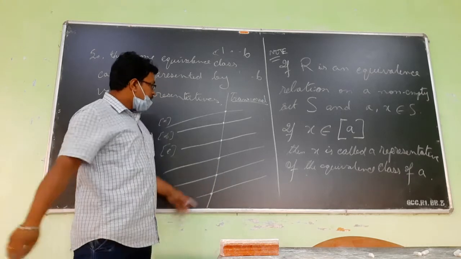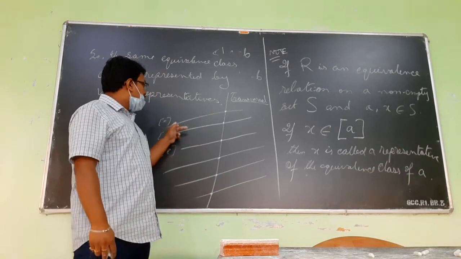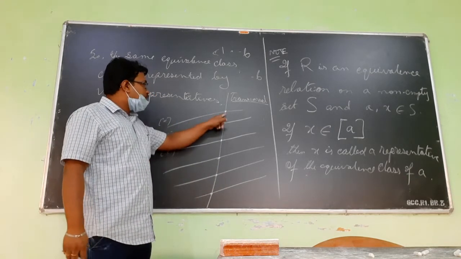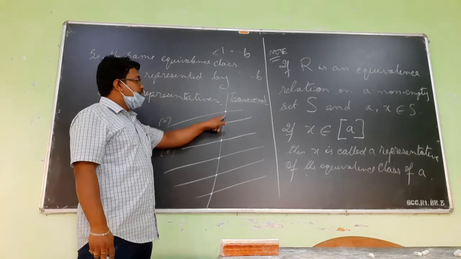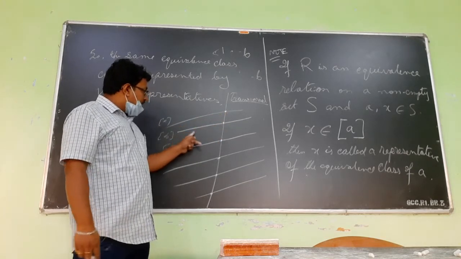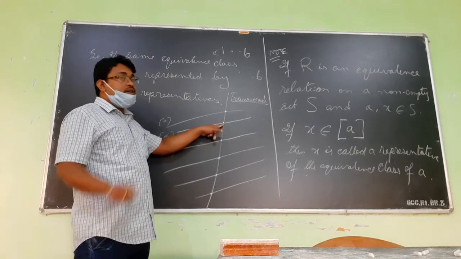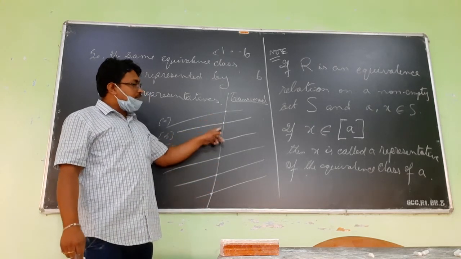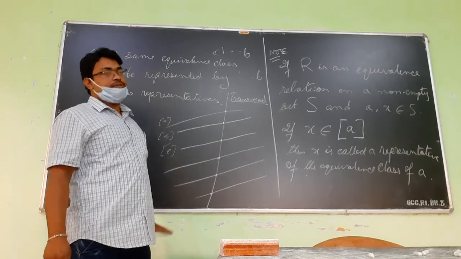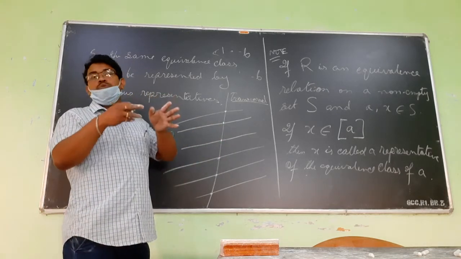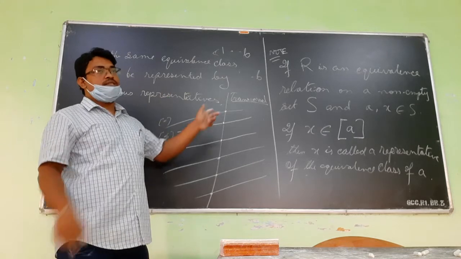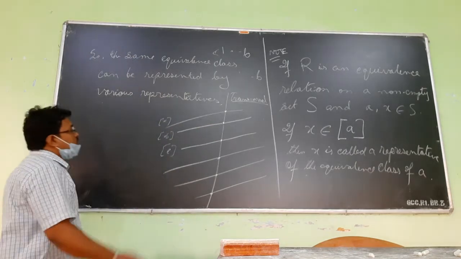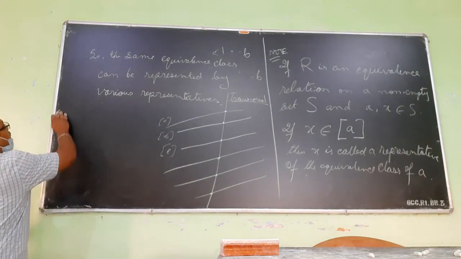For each equivalence class, we select exactly one representative, so that there is no confusion about which member represents the class.